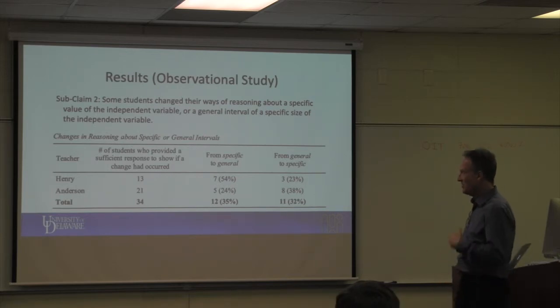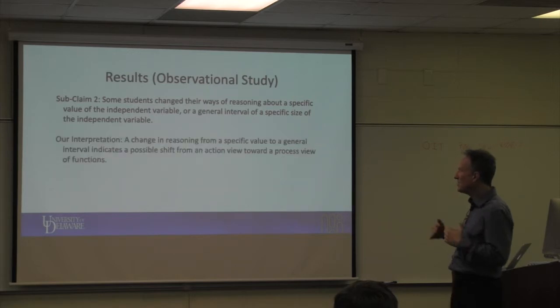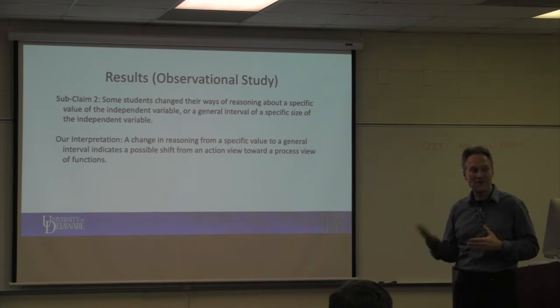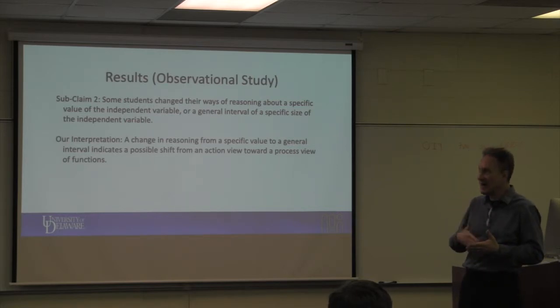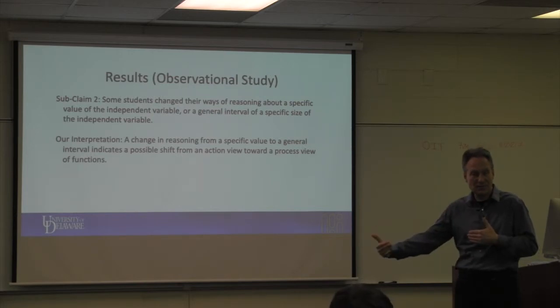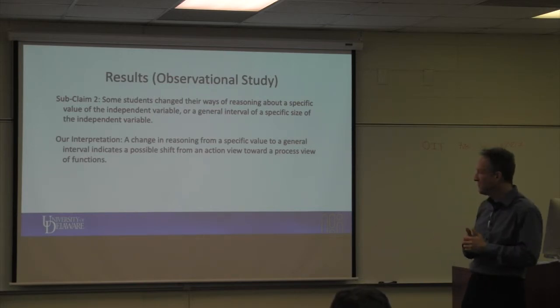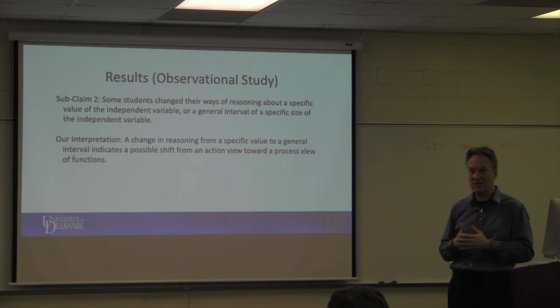So now getting to what I was going to say before about the interpretation. We think that going from a specific interval or specific time value to a general interval is a possible indication of going from an action view to a process view.